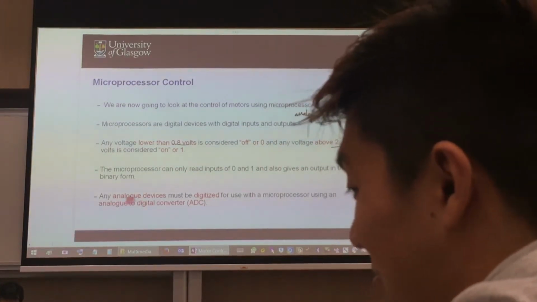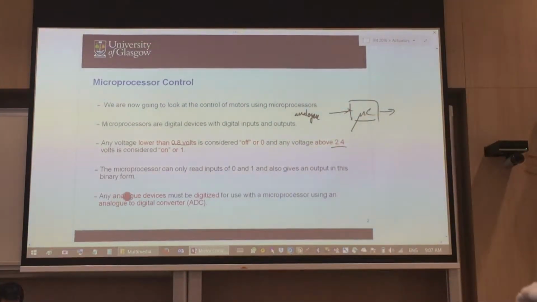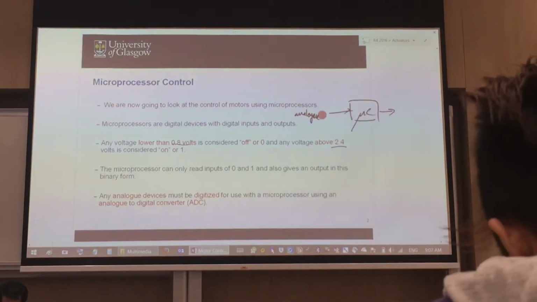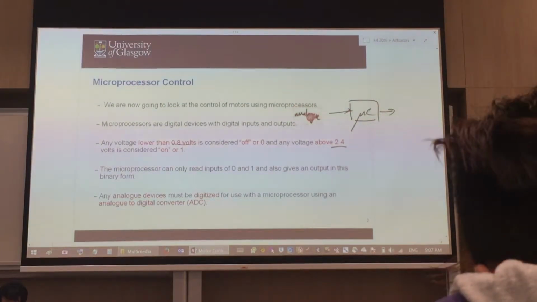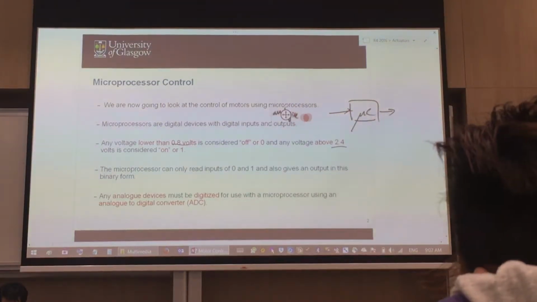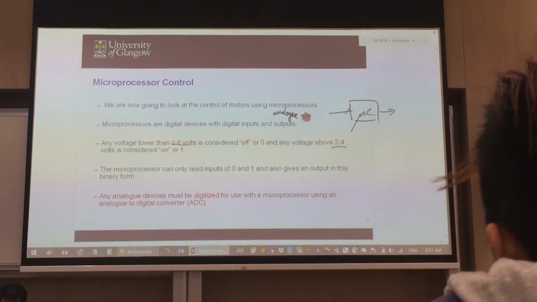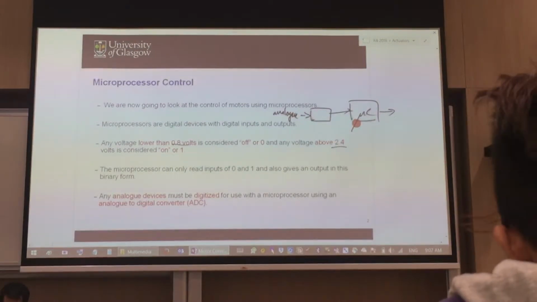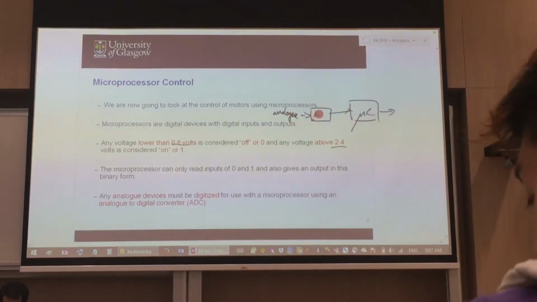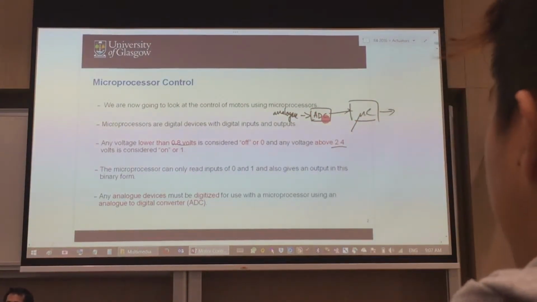If you have an analog signal that's coming in, the analog signal cannot be read by the processor directly. So you've got to have an analog to digital converter.